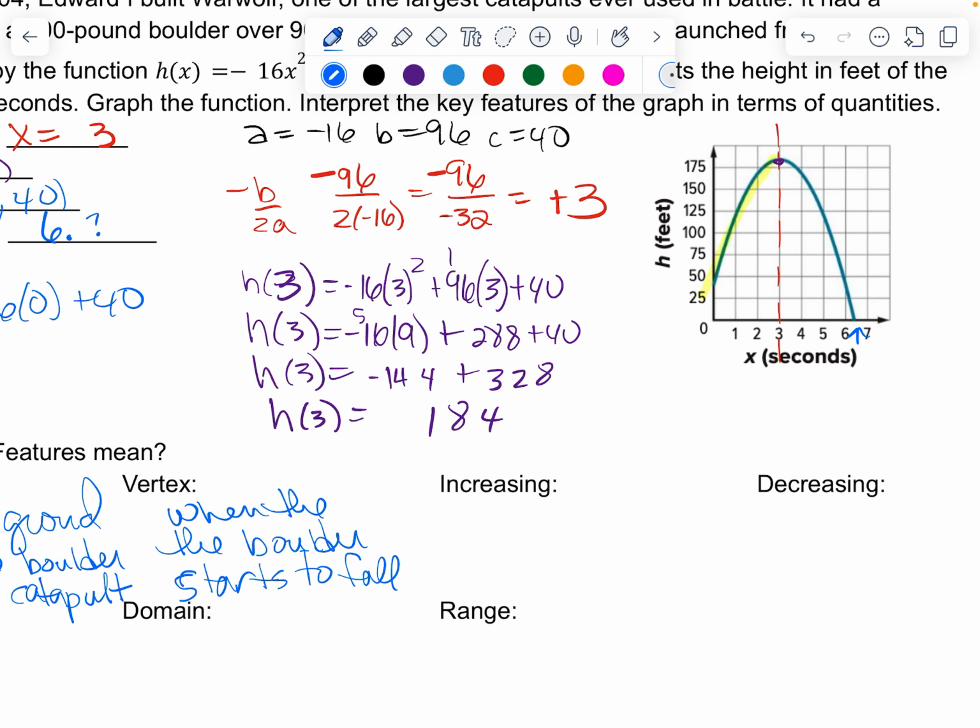So when x is between 0 and 3. When is it decreasing? That's this part right here. So it's when it's between 3 and 6 point, not sure.